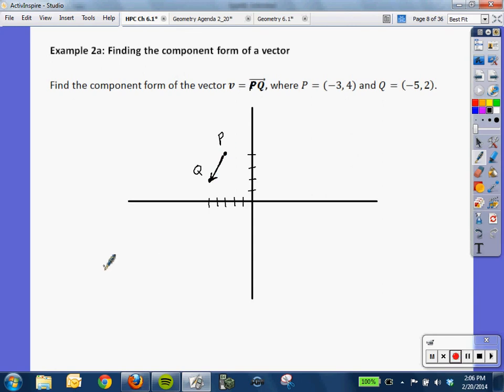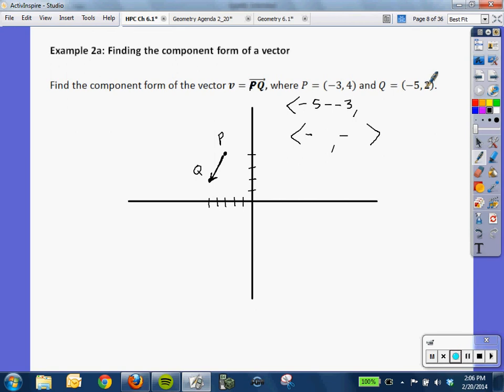So one thing I know about this vector is that it's shooting off into the negative x and negative y direction. So that tells me that I'm going to end up with a negative horizontal and vertical component, okay? But to find the actual component form, we take the terminal x value and subtract the initial x value.